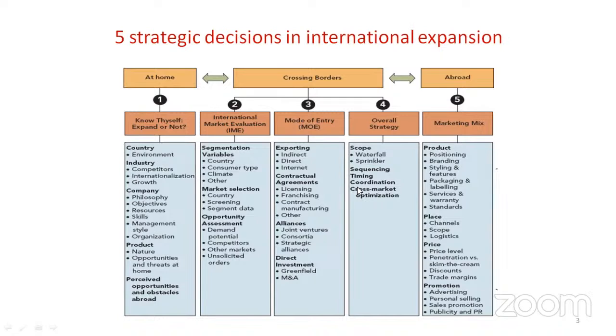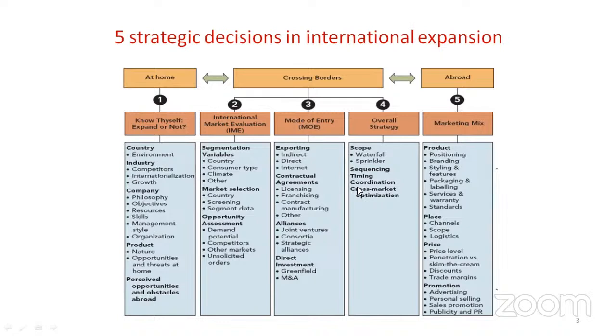Next, contractual agreements means taking the license, entering into the foreign country itself and taking the license and doing the business, or undertaking franchising in foreign countries, or giving franchises. Say certain companies come to India to start their business. When the Indian government does not accept them directly starting their business, they do franchising.